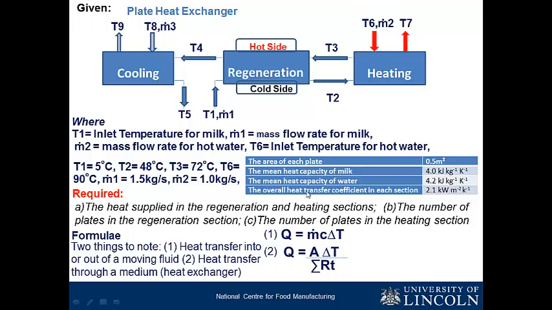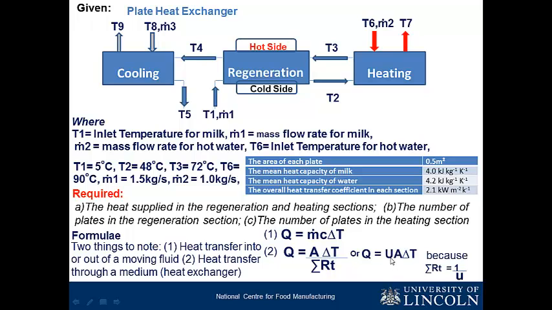All we are given is the overall heat transfer coefficient. Don't forget that our Q can be expressed as UA delta T, where our U equals 1 over RT, or where the summation RT equals 1 over U. If you remember this, you know that these two formulas are the same.